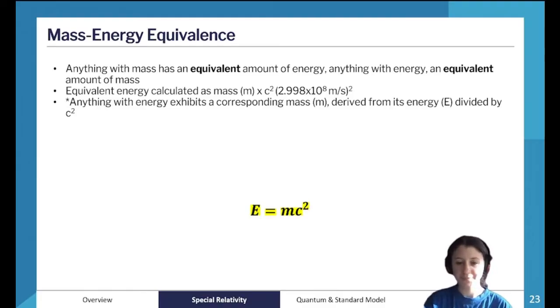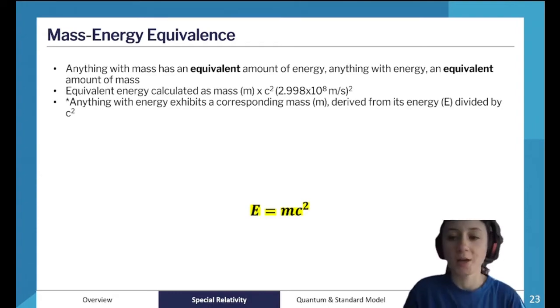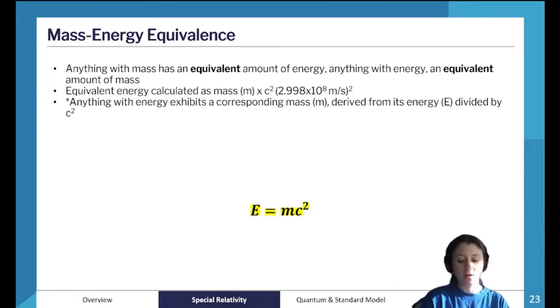So, the conversion that we use is E equals mc squared, and this tells us about how much energy is contained within a certain amount of mass. Alright? So, of course, E is the energy, m is the mass in kilograms, and c is the speed of light, which is 3 times 10 to the 8.